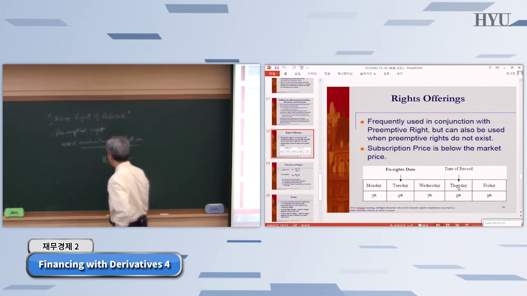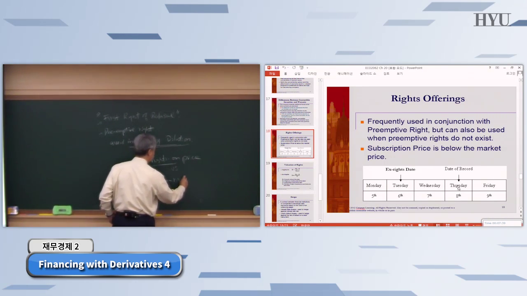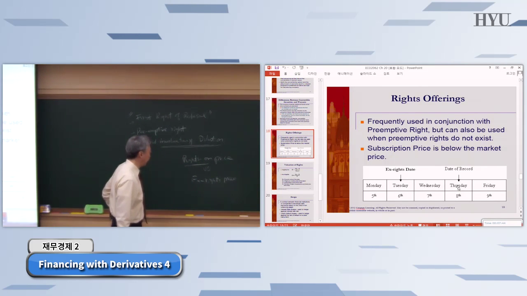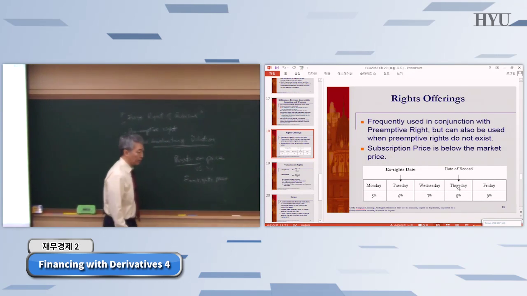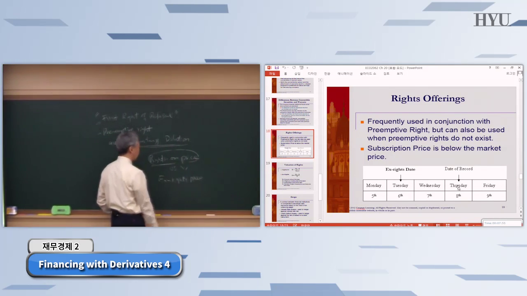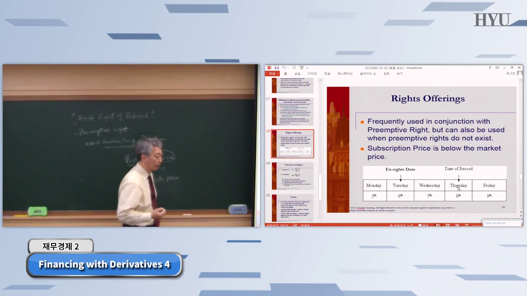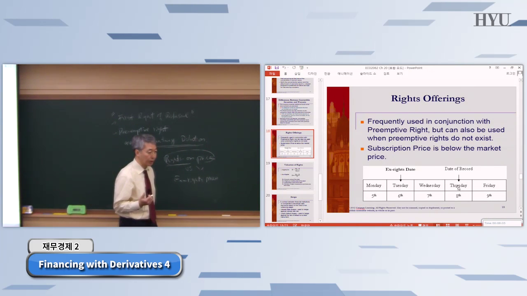So rights-on price versus ex-rights price. Okay. Of course, rights-on price will be higher than the ex-rights price, because if you're holding the stock which carries the right, then you have, of course, the advantage of purchasing another share, right, at a lower subscription price.